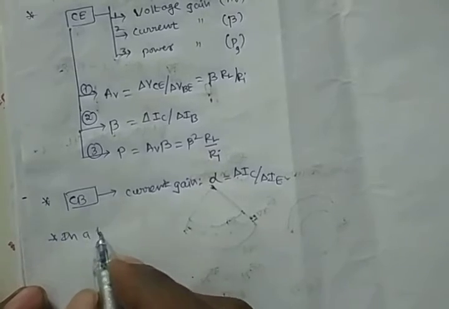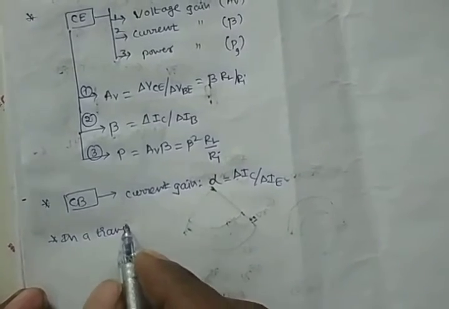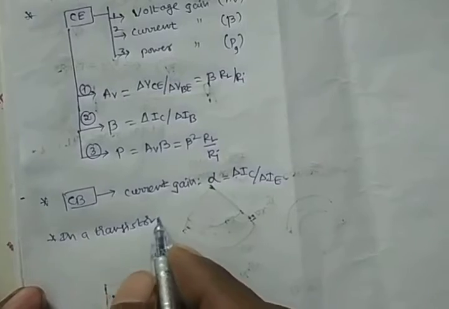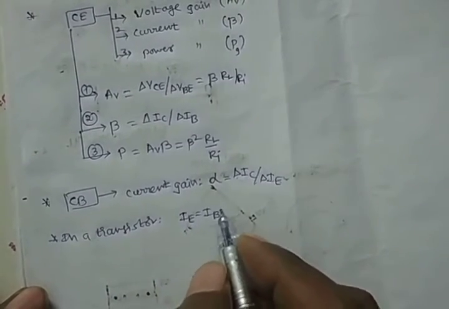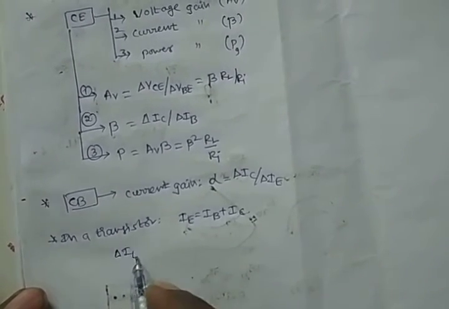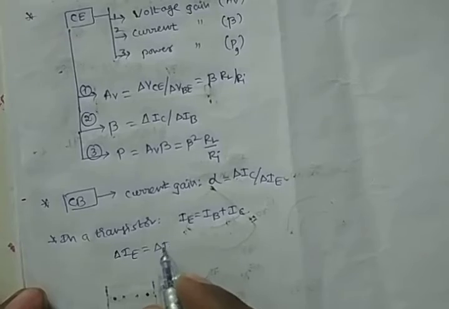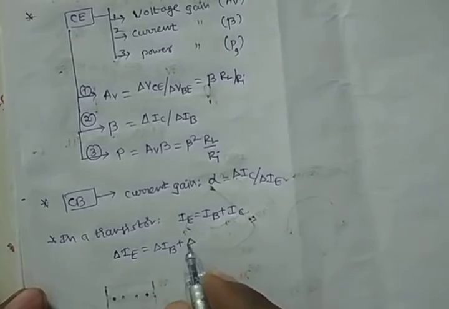So in a transistor we know that IE equal to IB plus IC. For a small change, you can write like this. Apply delta on both sides.